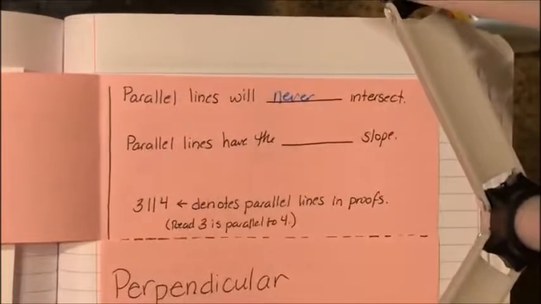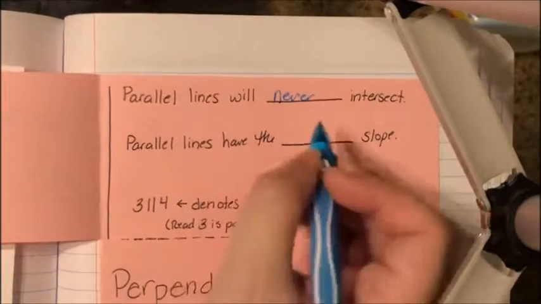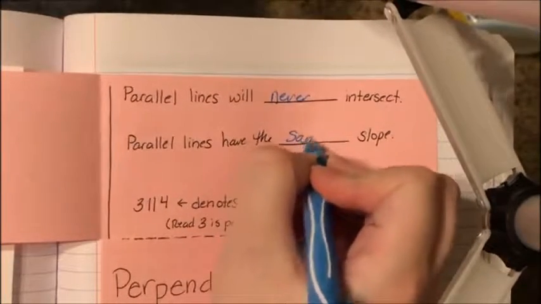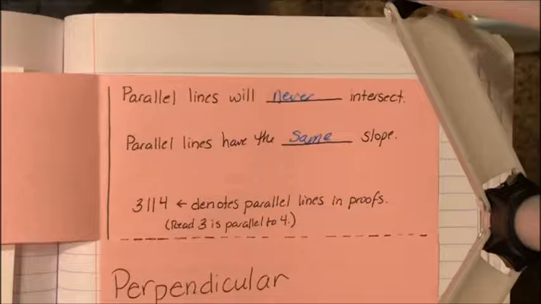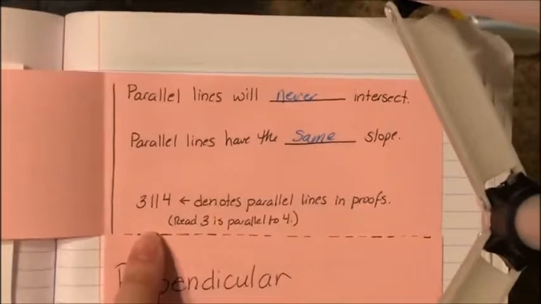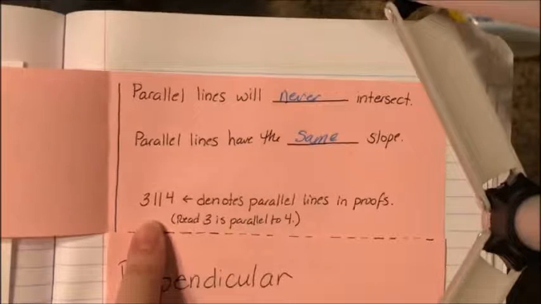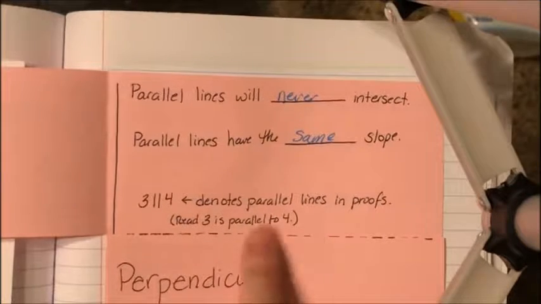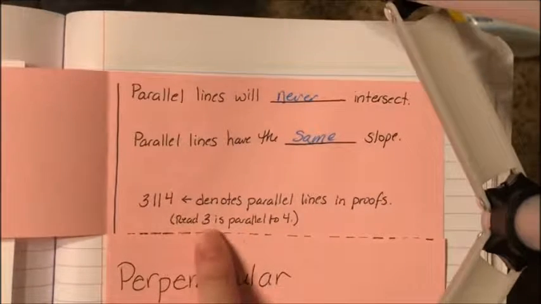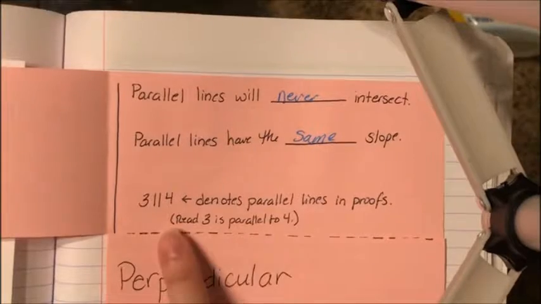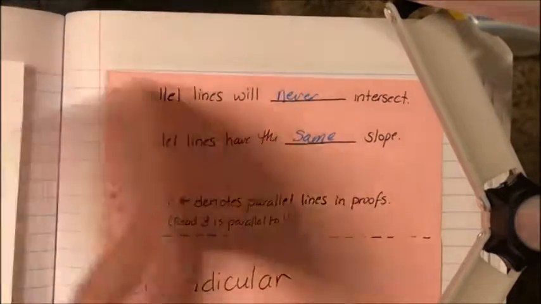Never intersect, and parallel lines have the same slope. Okay. So you can see 3 and then what looks like 2 L's. That's the symbol for parallel. It denotes parallel lines in proofs, and it's read 3 is parallel to 4. So line 3 would be parallel to 4.